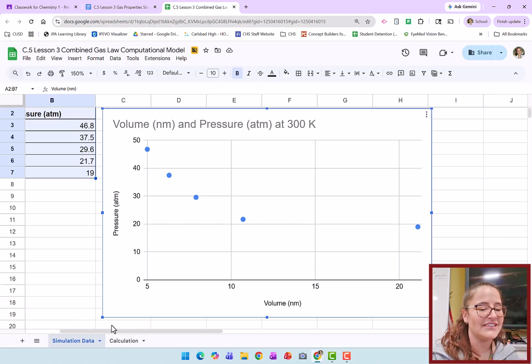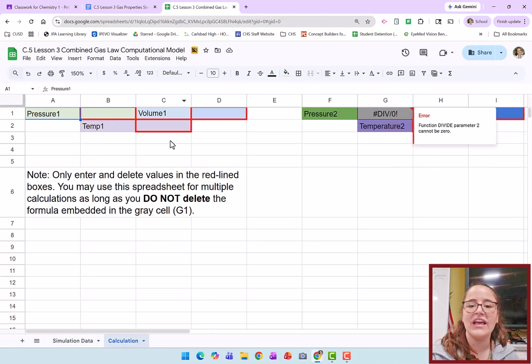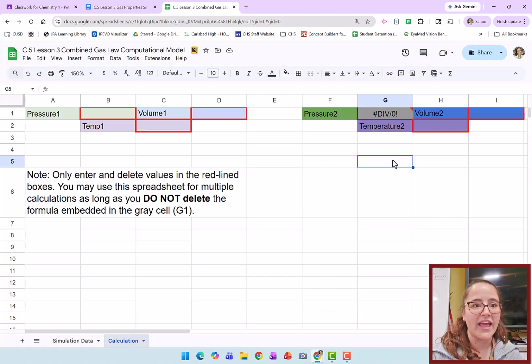Now, on the second tab of this spreadsheet, we have our simulation data, and then we have our calculation. This is a spreadsheet that will predict the pressure for a changing situation.